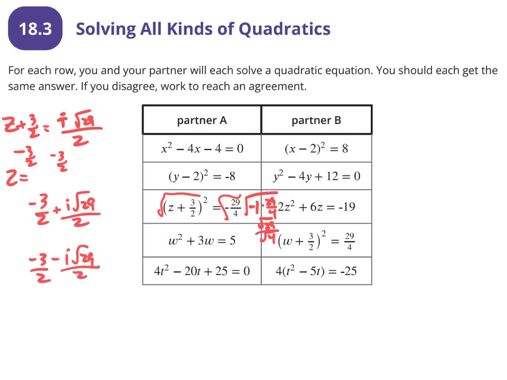And I'm going to go ahead and combine the equations. So negative 3 plus or minus i root 29, the whole thing over 2. Since they had the same denominator, I can add them. But since they're not like terms, I can't combine them.